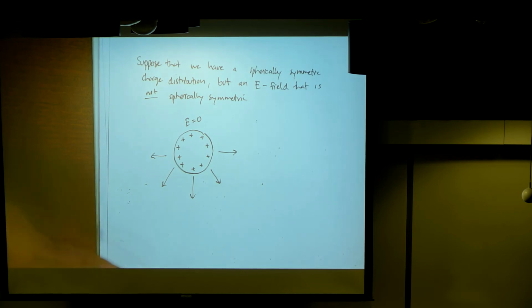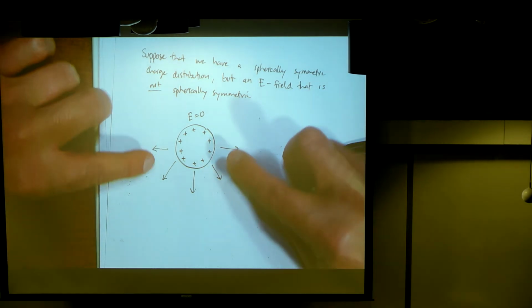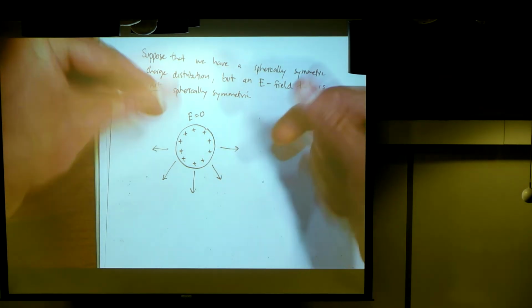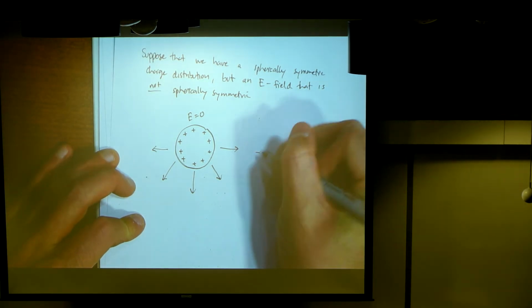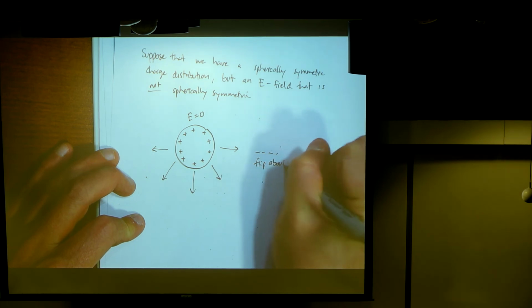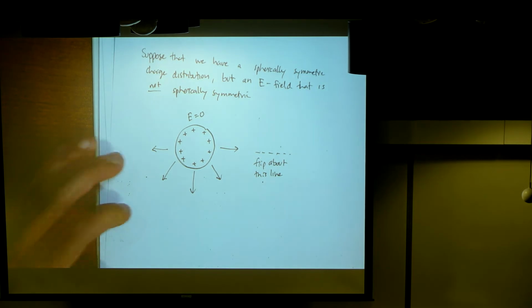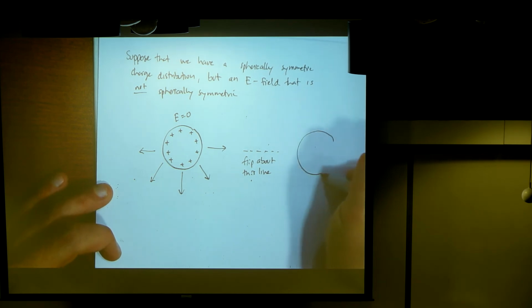So one thing we could do with this picture is we can imagine flipping this entire thing like this. Okay? In other words, we're going to flip the entire picture about this line, which I'm showing you here. And when we make that sort of flip, what do we see?